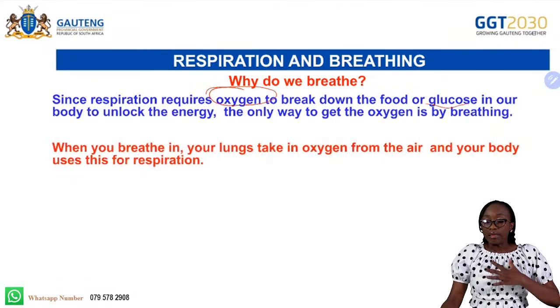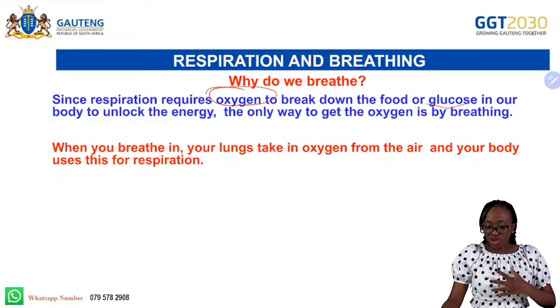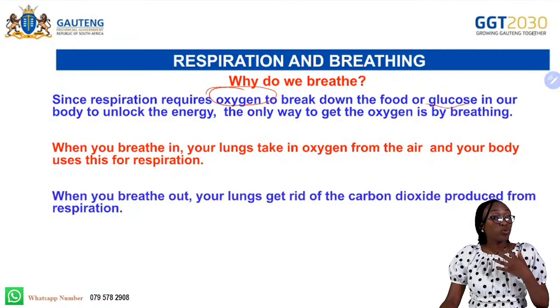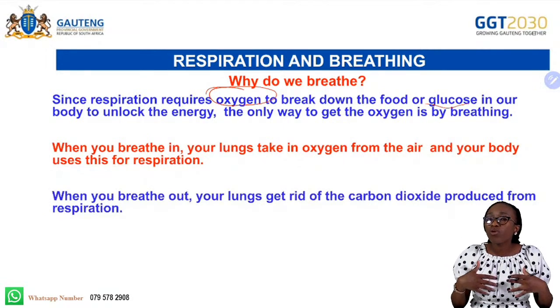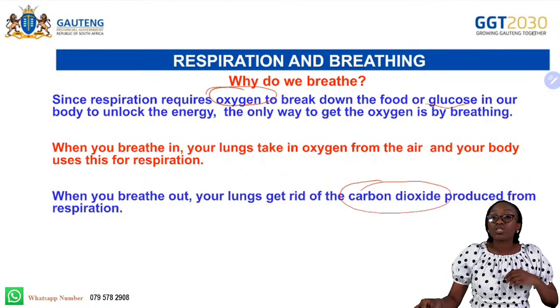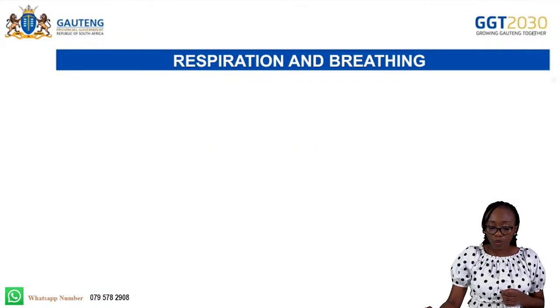When you breathe in, your lungs take in oxygen, and your body uses that oxygen for respiration. When you breathe out, your lungs get rid of the byproduct of respiration, which is carbon dioxide. So this is why we breathe.